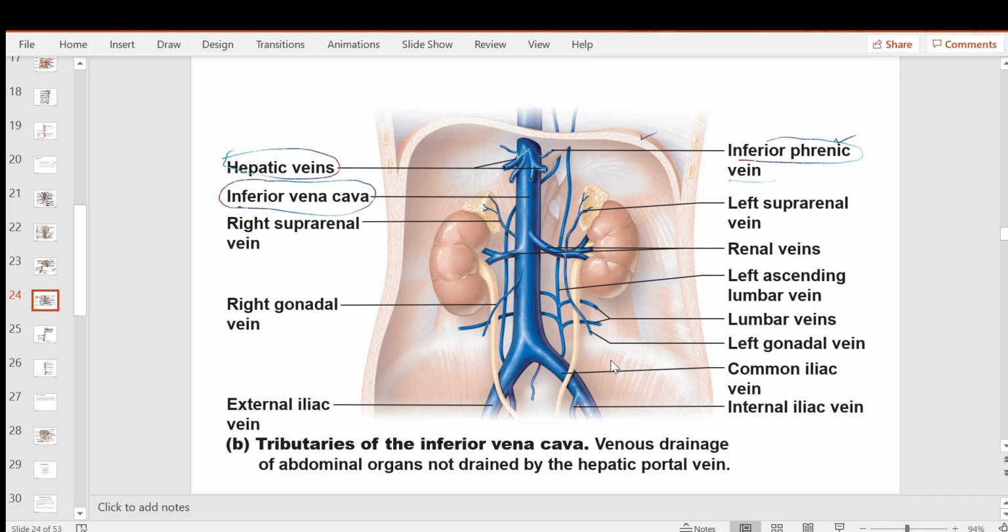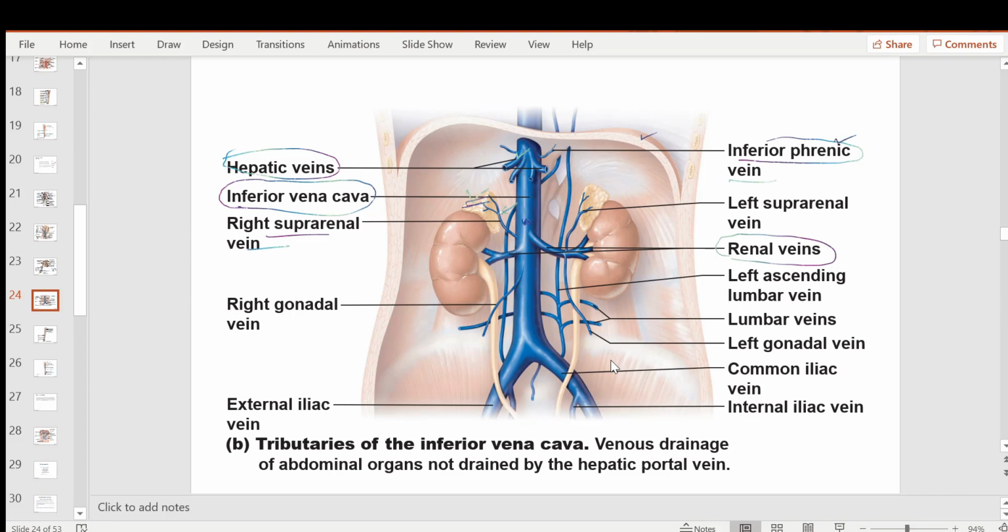So this is the inferior phrenic, and then you see here renal veins from the kidneys, right and left. Now let's see the suprarenal. You see the right suprarenal from the adrenal gland here gives blood directly to the inferior vena cava.